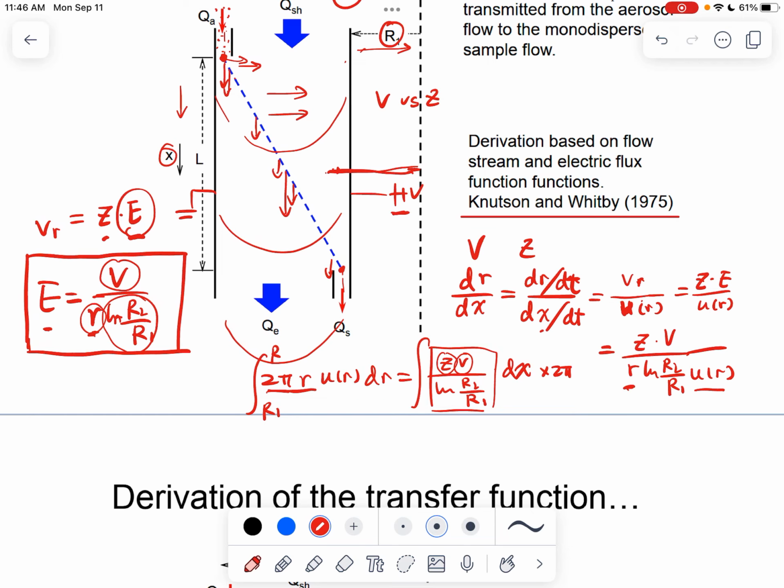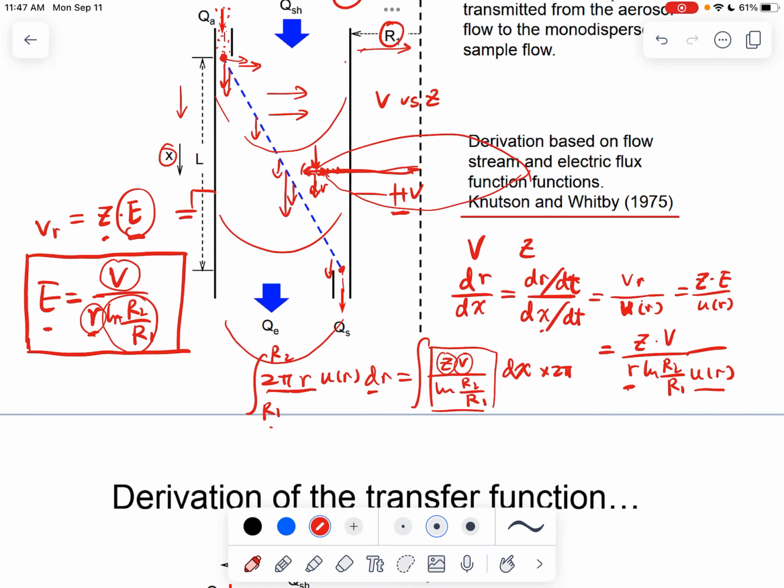Okay, so now if you look at the term on the left-hand side, you have 2 pi R, which is the circumference at any location of the R location. And then you also have dr, which is basically the tiny section that we're trying to integrate.